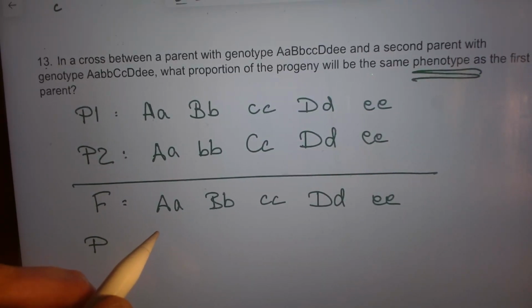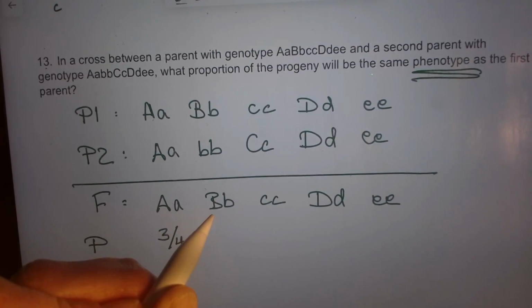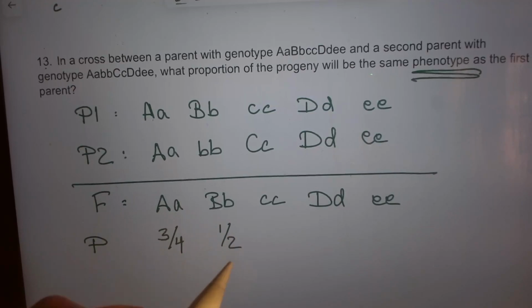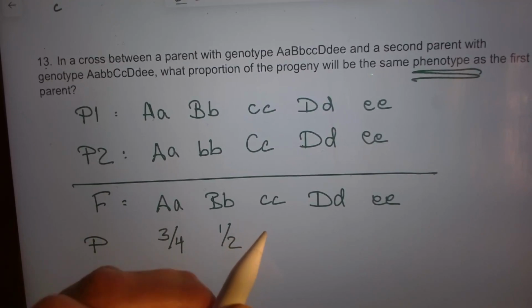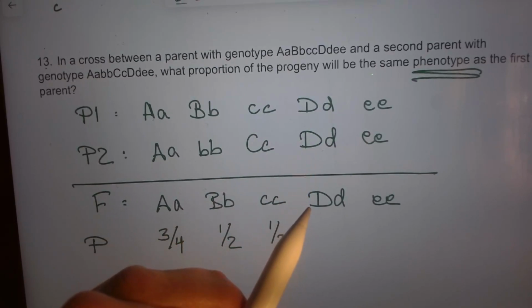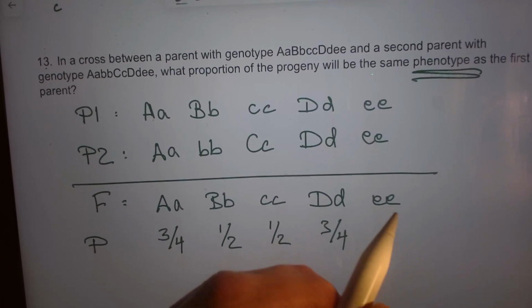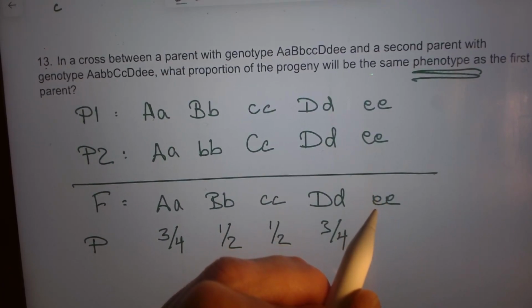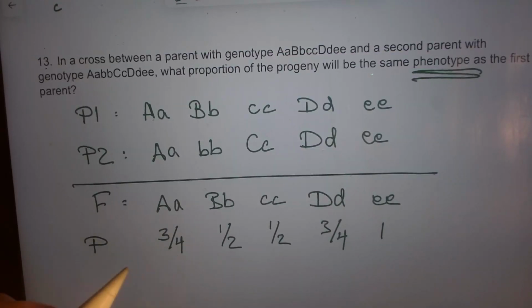when we cross this to have a dominant phenotype? It's 3/4. For having a dominant phenotype for B is 1/2. Having a recessive phenotype for C is 1/2. To have a dominant phenotype for D is 3/4. And for a recessive phenotype for E is 1, because they are independent from each other.